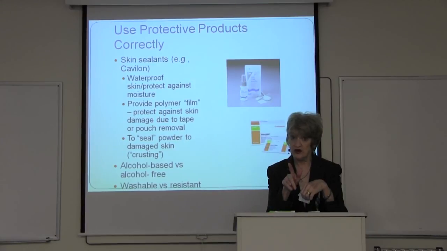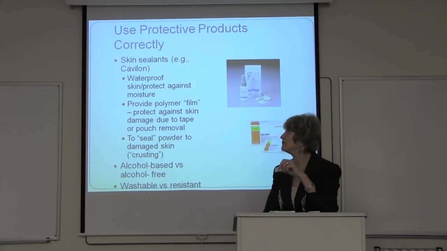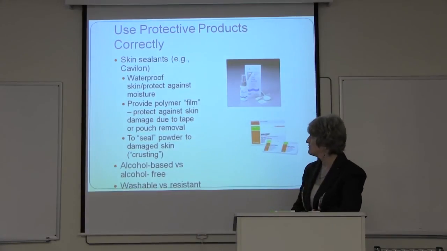For patients with urinary diversions, this is usually the only skin protection you need because all you need is protection against moisture. Urine has no enzymes, so you're simply protecting against the liquid aspect of the output. So first of all, they waterproof the skin and protect against moisture.